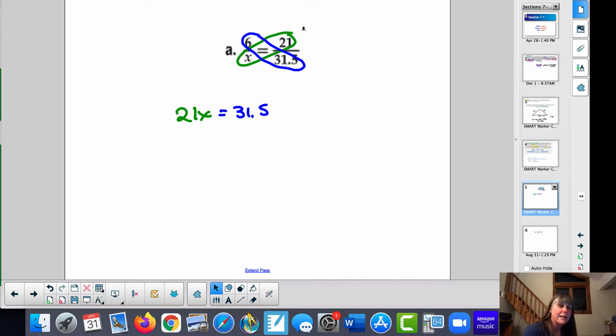So in order for that to happen, the cross products have to be equal. And so I want to solve for x so that those cross products are equal. So I solve that equation for x to get that x is 1.5. That's all you have to do to solve a proportion. So when the directions say solve a proportion, they really mean find the value for x that makes those two equal ratios.